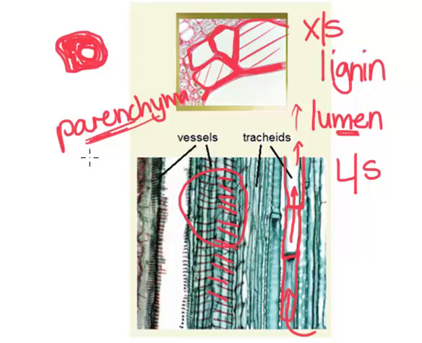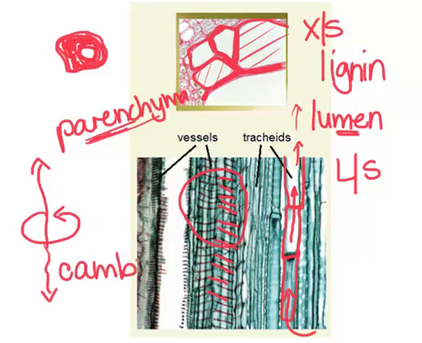We need to remember also that as the plant increases in width, remember we have learned that the plant grows upwards and downwards in length, but it also increases in width or in diameter. New vascular cambium, we have learnt about cambium already.